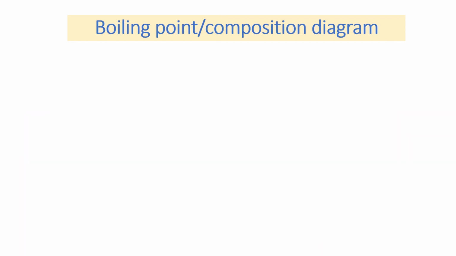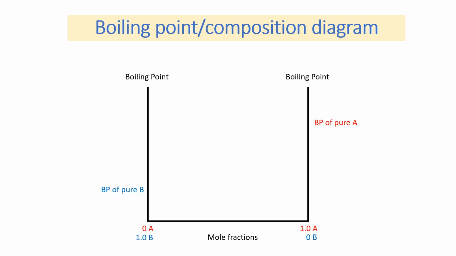So right now we are going to convert the vapor pressure composition diagram for an ideal mixture of A and B into a boiling point composition diagram. In order to do that, we are going to plot boiling point against mole fractions, which consists of compounds A and B. For a mixture of A and B, there will be a curve joining the boiling points of these two.